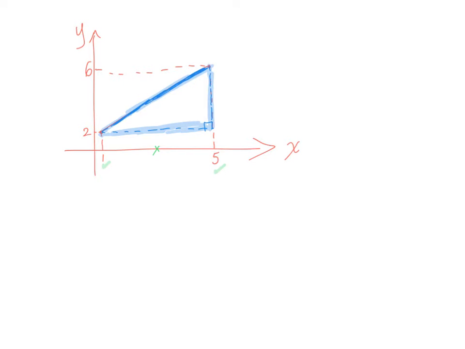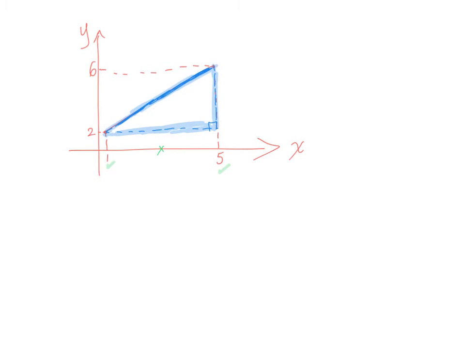So let's find a point that is equidistant between 1 and 5. So what would that be? And what would be an easy method to determine that? What do you think?